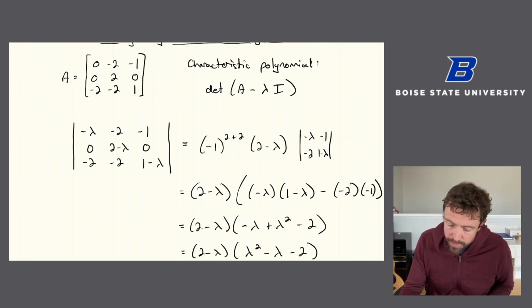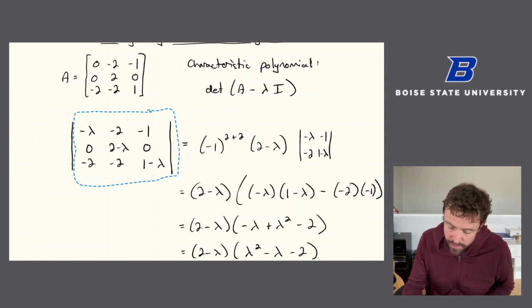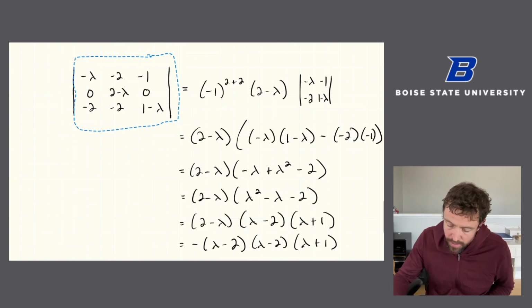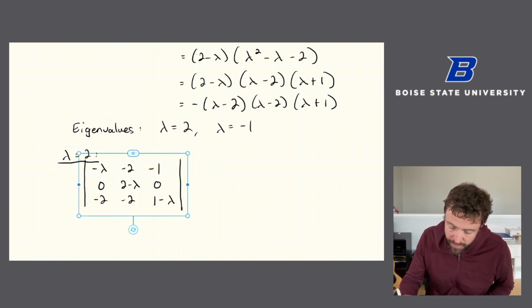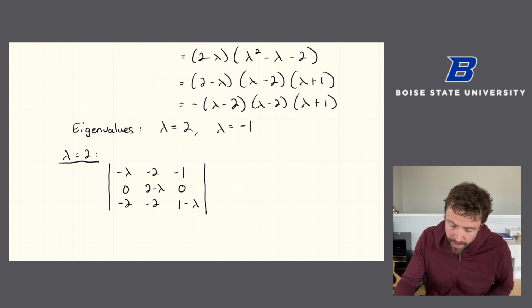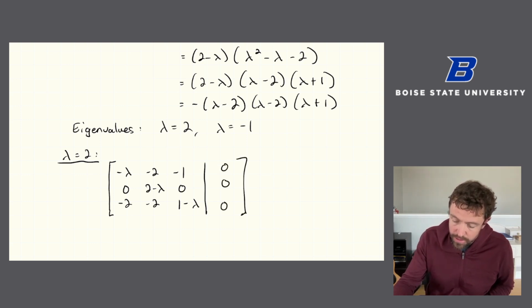So what I'm doing is I'm taking this matrix, we'll write it as a matrix rather than a determinant, and I'm going to replace lambda with 2. And I'm going to solve the linear system where this equals 0.